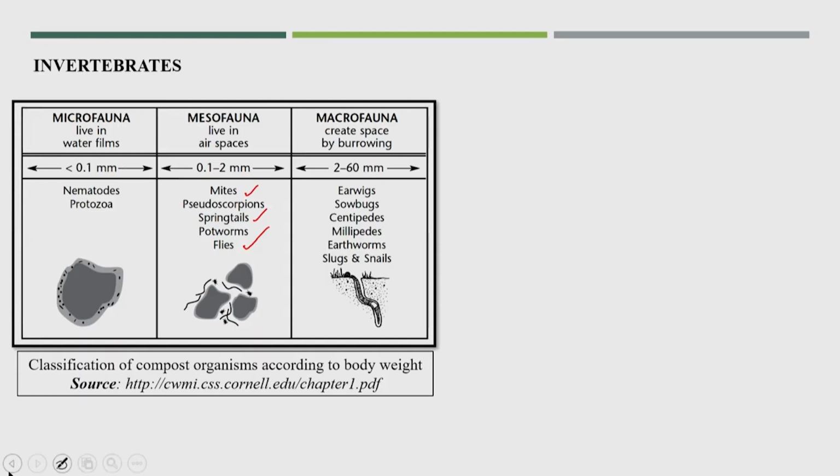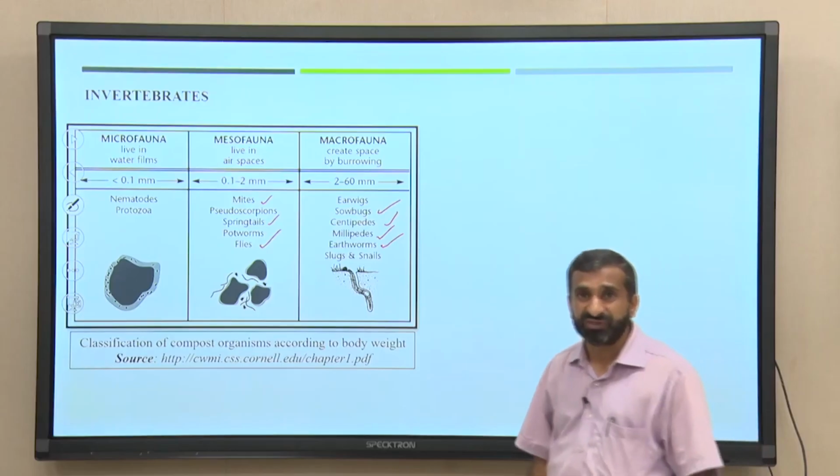Finally, the macrofauna create space by burrowing into the organic matter or compost material. That could be earthworms, centipedes, snow bugs and millipedes, which could also grow in the composting process.